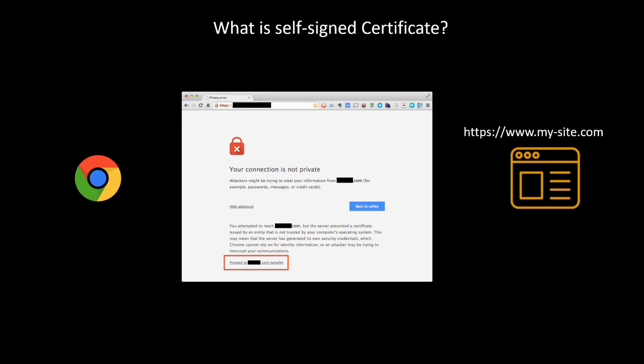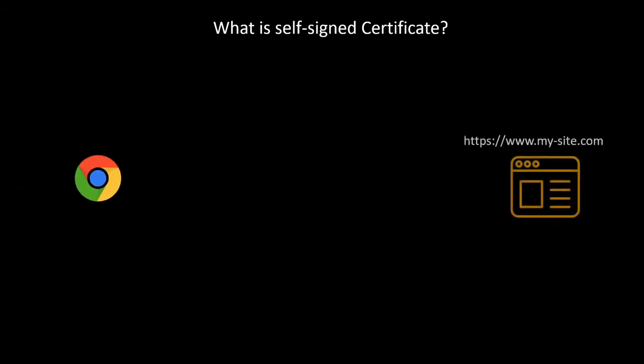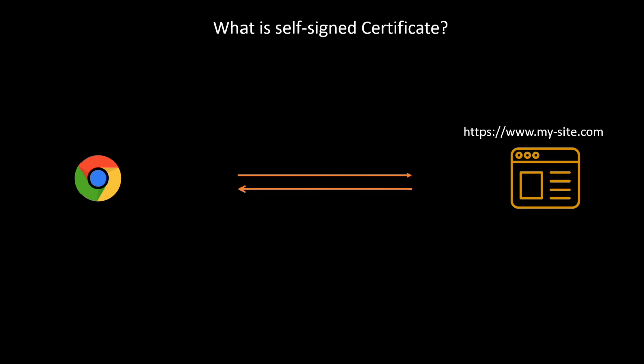But the certificate does have public and private key cryptography, so the communication will be in encrypted fashion. If your goal is to have only encryption, or encrypted communication without a certificate authority, then you can use a self-signed certificate.